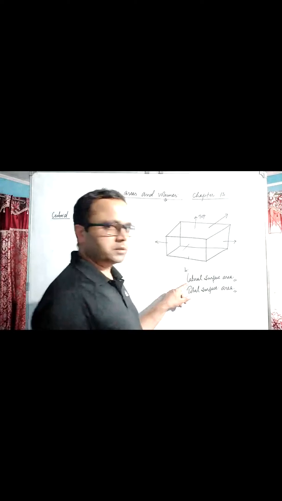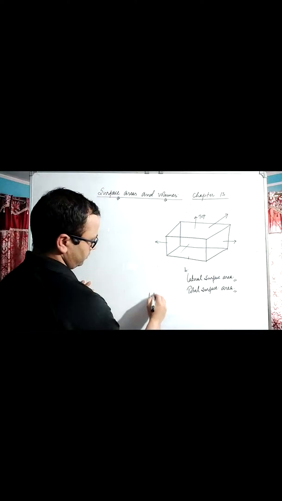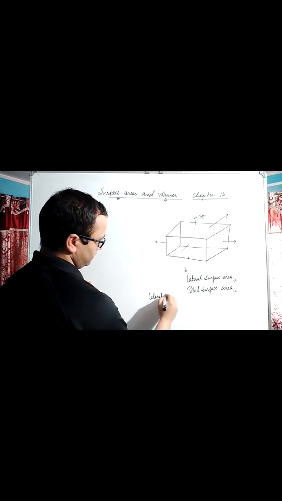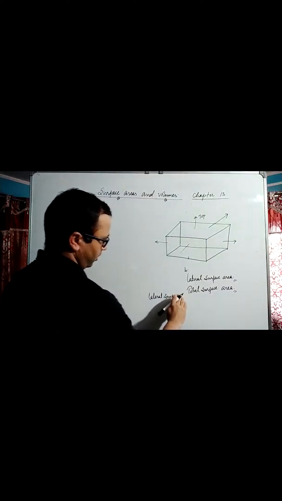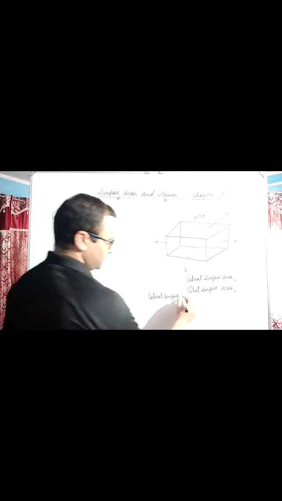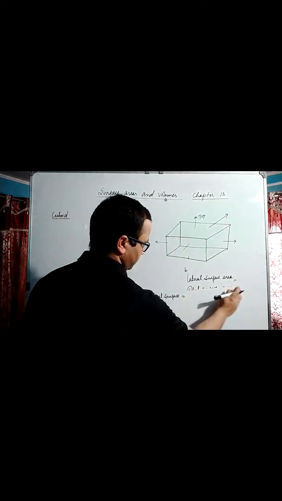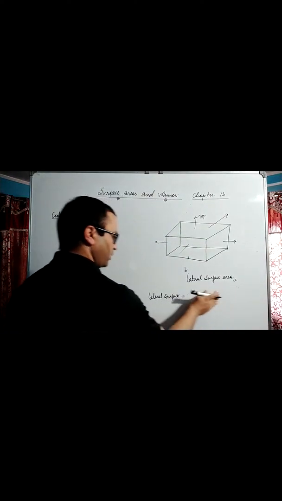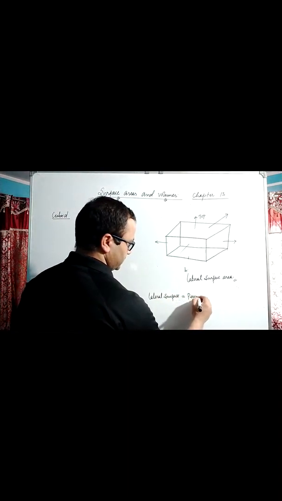For lateral surface area of any three-dimensional solid, the formula is perimeter of base into height, which gives the lateral surface area or curved surface area.